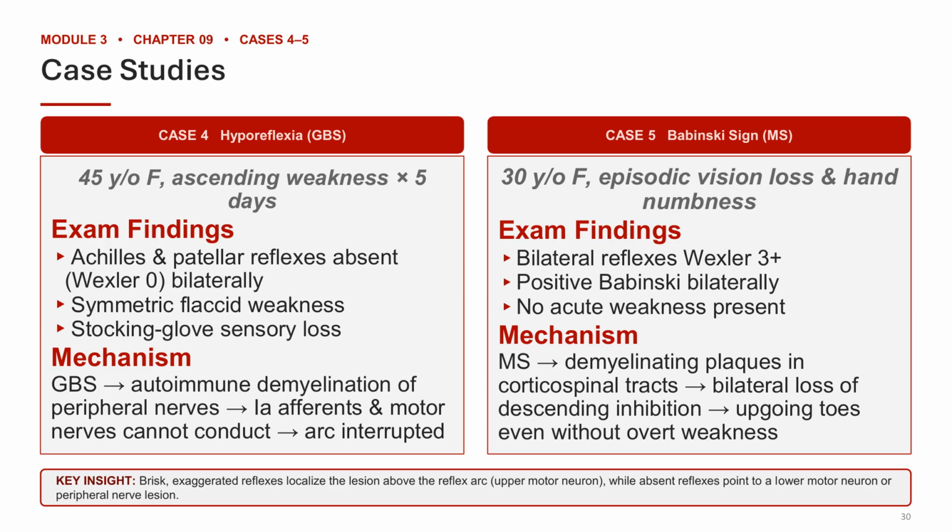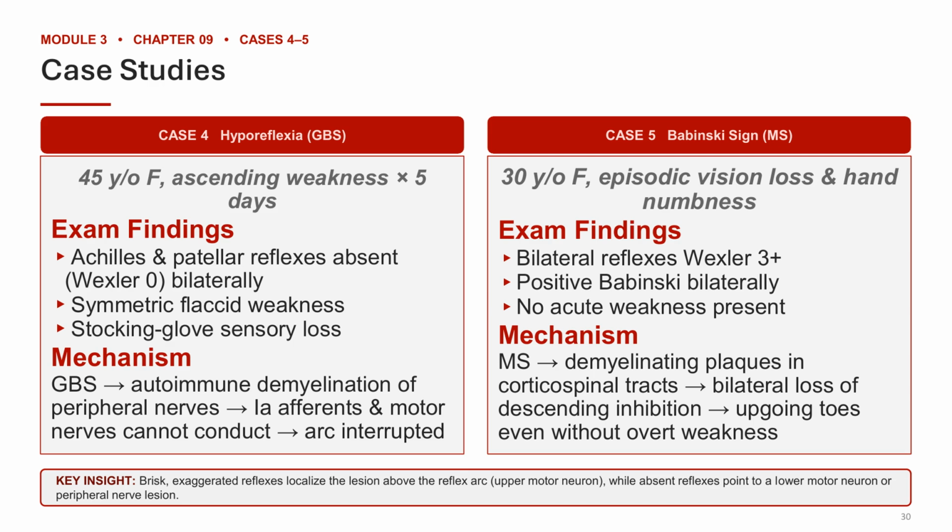Once myelin fails, the IA afferents and the motor axons cannot conduct, and the arc is interrupted bilaterally. Note the pattern, symmetric areflexia from diffuse lower motor neuron disease, not a focal lesion. And note the urgency. Ascending weakness with areflexia is a neurological emergency because the diaphragm may be next.